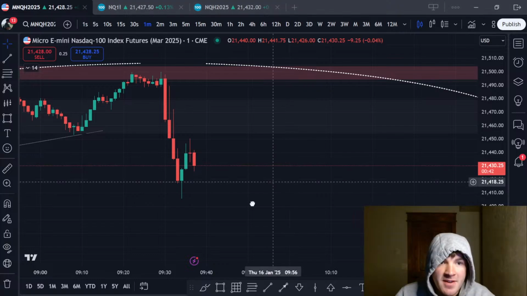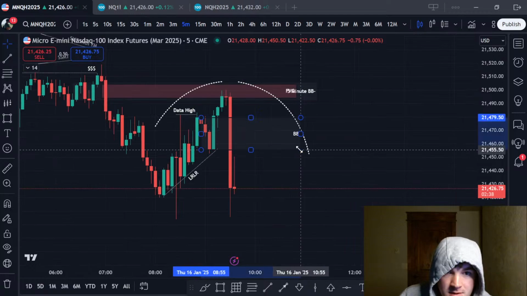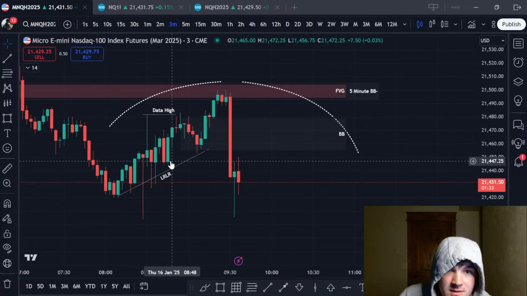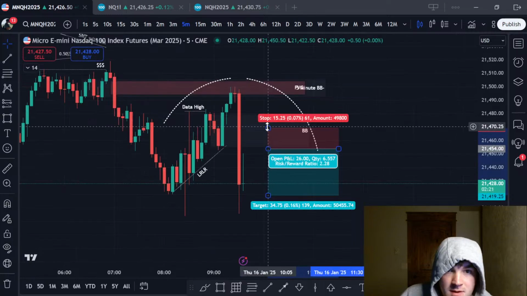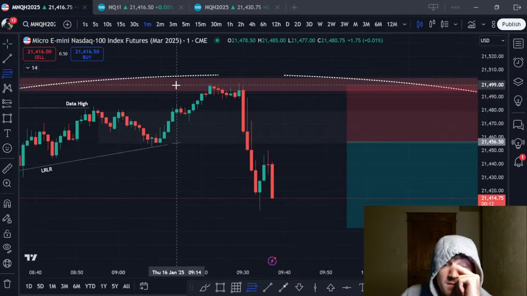So here's that 5-minute breaker. Theoretically you could just enter on the 5-minute breaker and target the 4 to 4.5, which is also aligned with the low of the day.